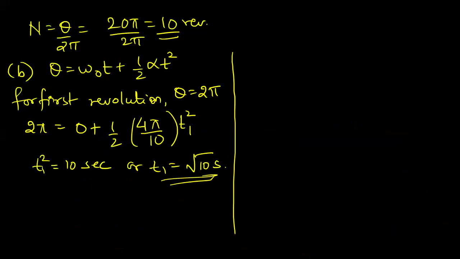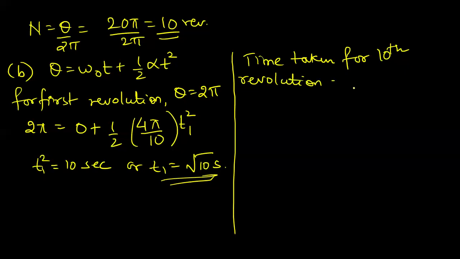So the time taken for the last, that is the 10th revolution. There is a shortcut formula which I can use directly over here. The time taken for the 10th revolution will be given by 10 minus the time taken for the 9th revolution.